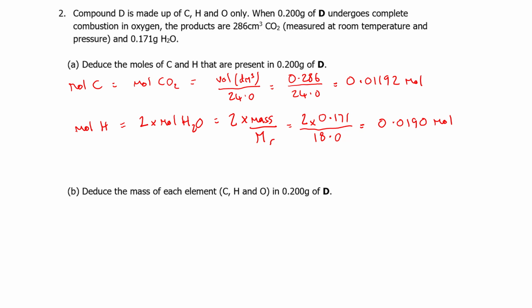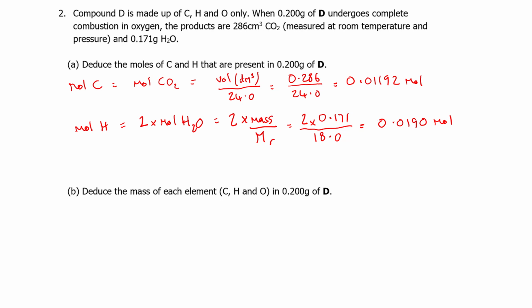Okay, so now the extra complication that you've got is that compound D doesn't just contain carbon and hydrogen, it also contains oxygen. And the elemental analysis doesn't directly tell you how much oxygen is there, but you can work it out because we know how much carbon and hydrogen we've got. We just work that out, and therefore we can work out what the total mass of that carbon and hydrogen is, and it's going to come to less than 0.2 grams.